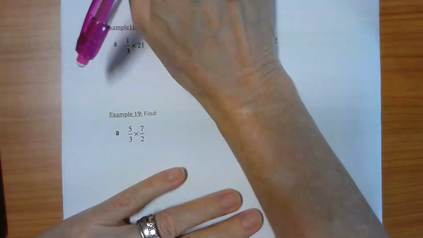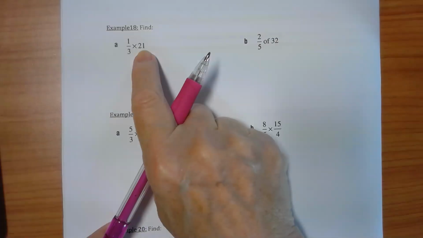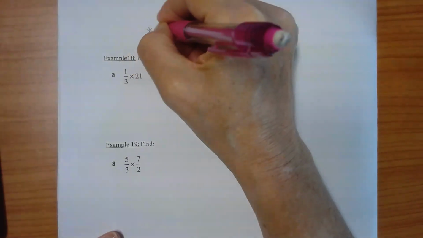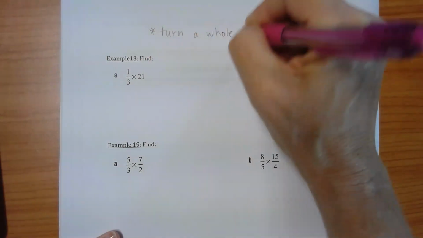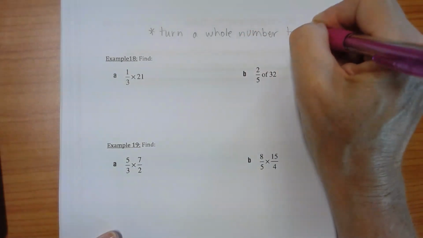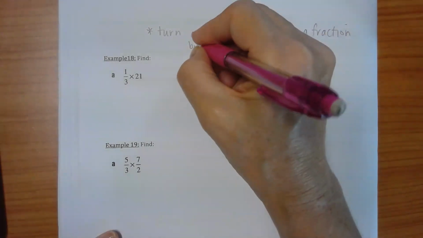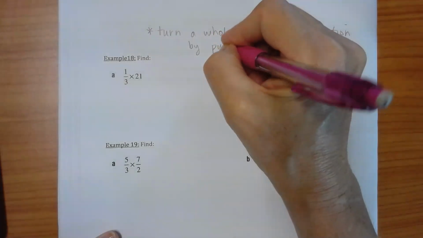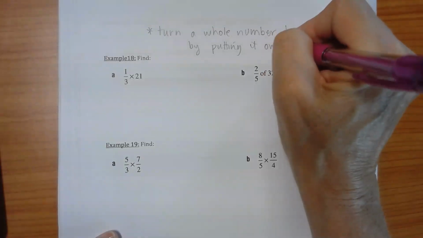Okay, when I have situations like this, I can turn 21 into a fraction, and I'm going to write this up. Turn a whole number to a fraction by putting it over 1.